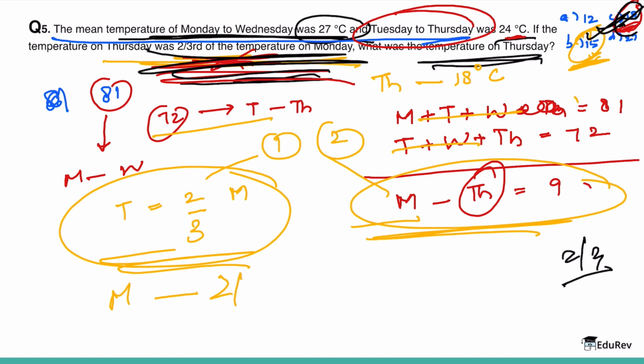Suppose you have created one or two or more equations to solve a particular question, then just take the options and put them in your equations or the conditions provided in your question. If any option satisfies the conditions or the equations you have created, then that option is your correct option, otherwise that option is wrong.